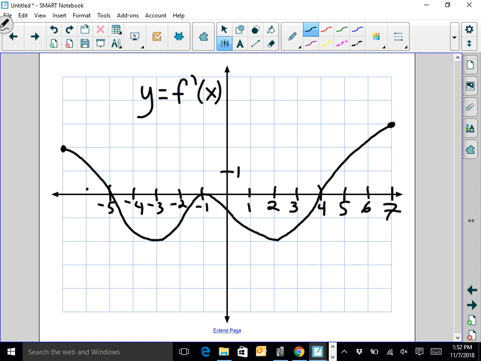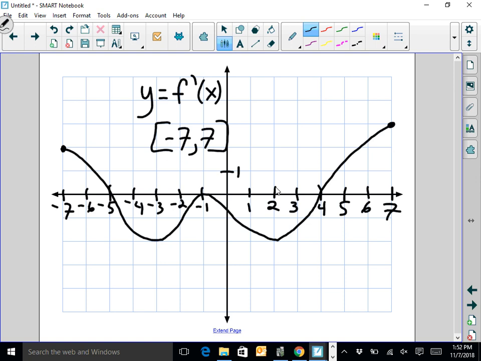Okay. So this F prime graph we can see is only defined from -7 to 7.